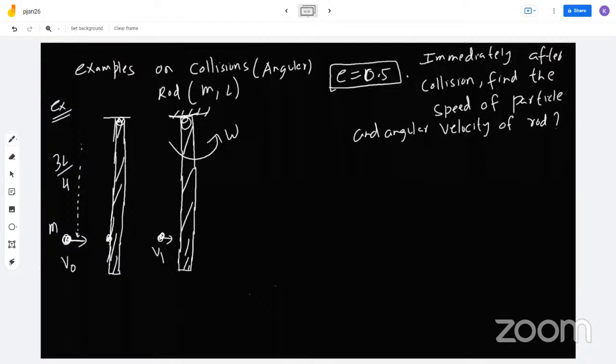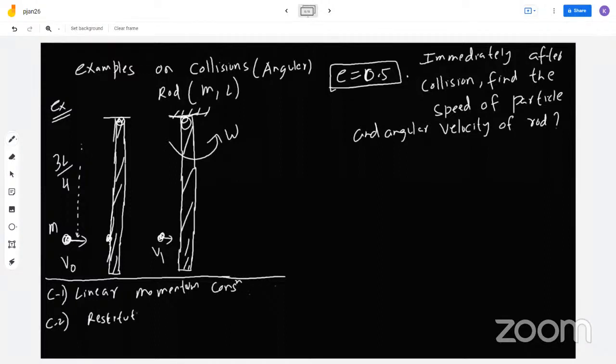Linear momentum conservation, and the restitution formula. Concept one is linear momentum conservation, and the second concept is the restitution equation.